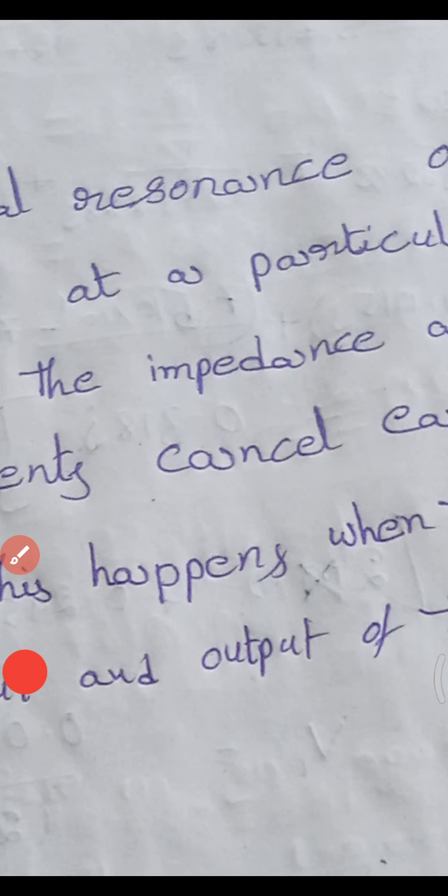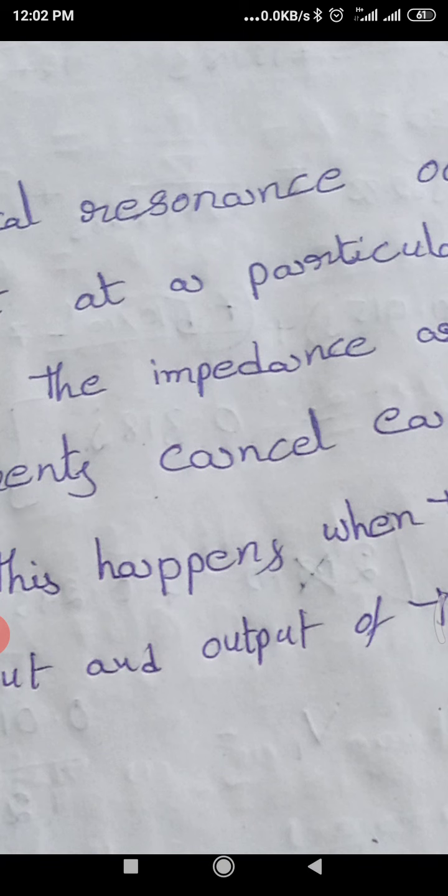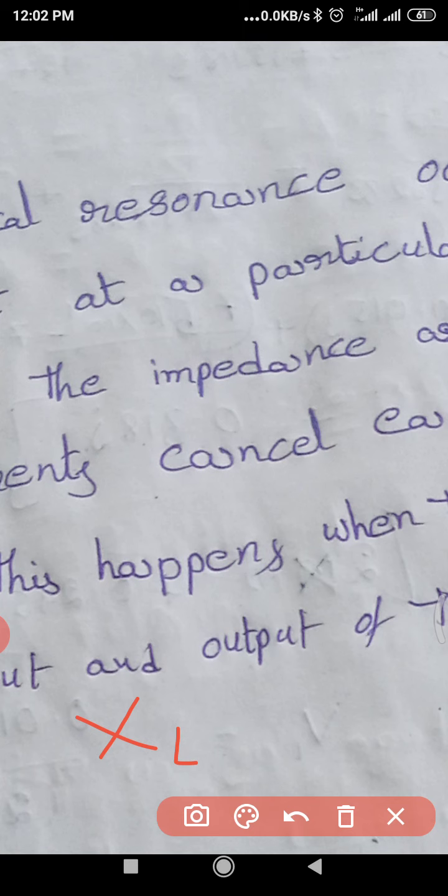In an RLC series circuit, there is a reactance value, XL, the inductive reactance, and capacitive reactance is also present in the system. Impedance is expressed as Z = R + j(XL - XC). This is the basic equation for impedance in AC circuits.